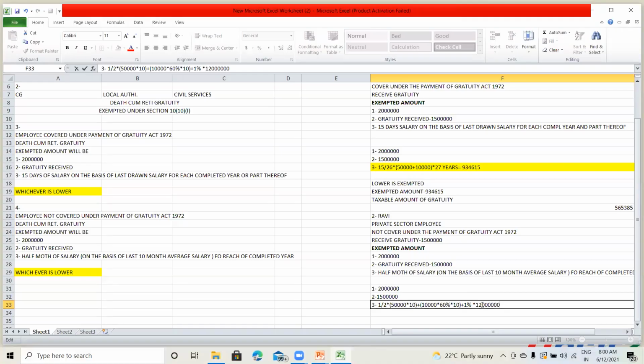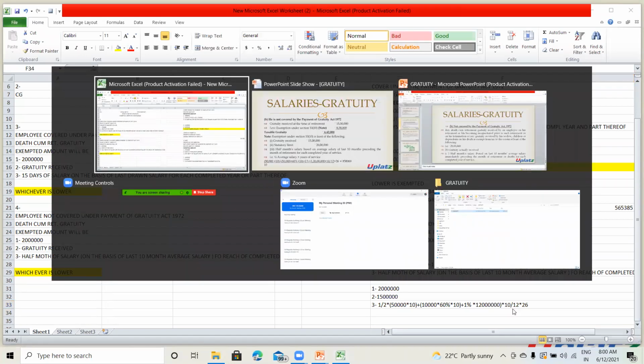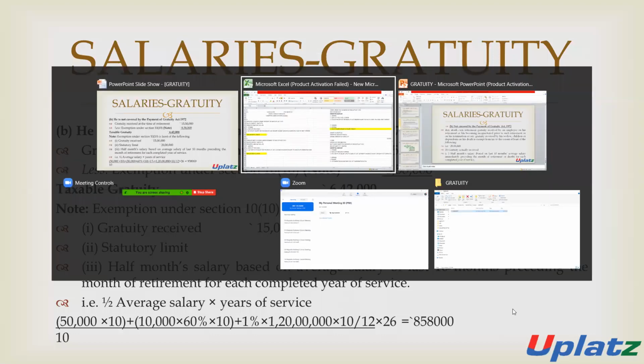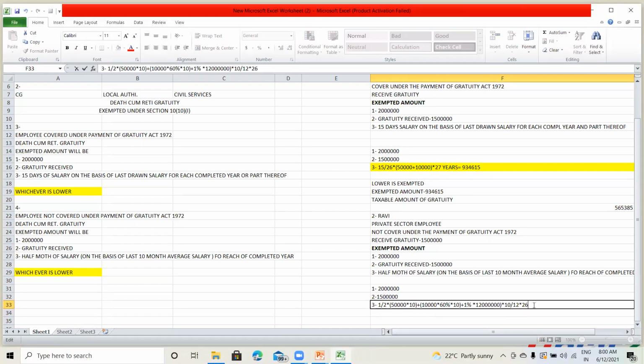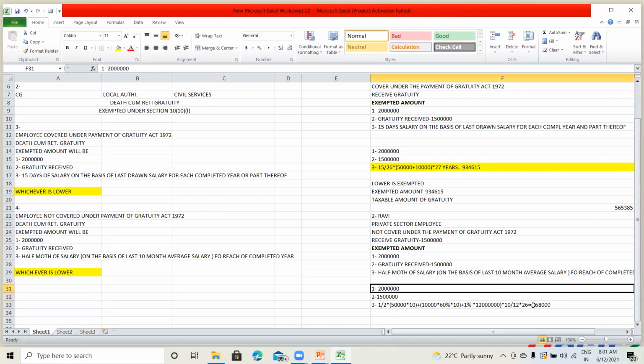The average will be 10-month average salary into 10 divided by 12 into 26 years for the full years. So the amount will be 8 lakh 58,000 on the basis of such exemption.